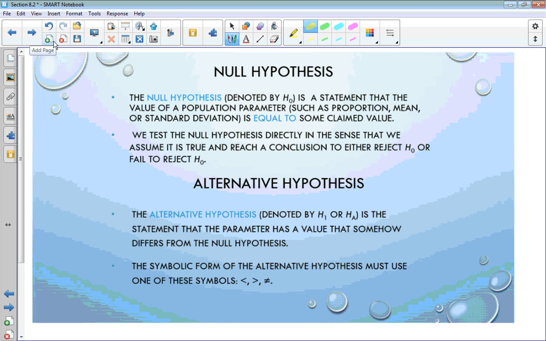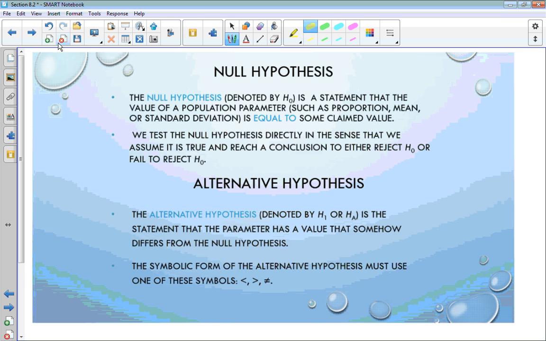So our null hypothesis is going to be denoted by H naught, that little o down at the bottom like a subscript. And that's a statement that the value of a parameter, and again, it could be a proportion, a mean, or a standard deviation, is equal to some claimed value.